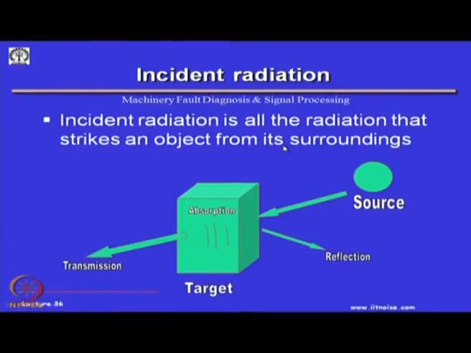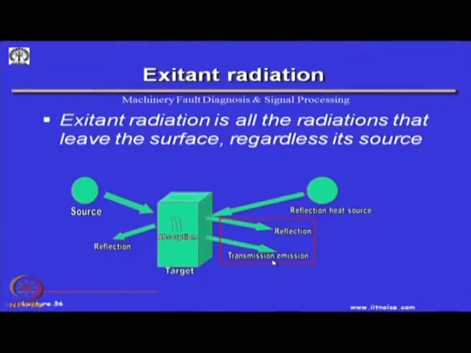Now, when radiation is incident on a body from a source, some of it will get absorbed, some will get reflected, some will get transmitted. This reflection, transmission and absorption depend on the body type, the surface type and so on. The radiation coming out of the body is what we are going to measure.